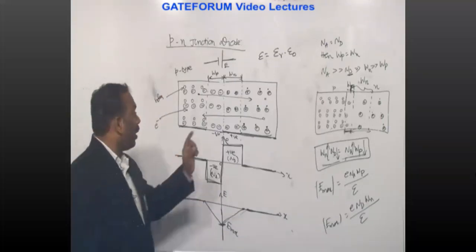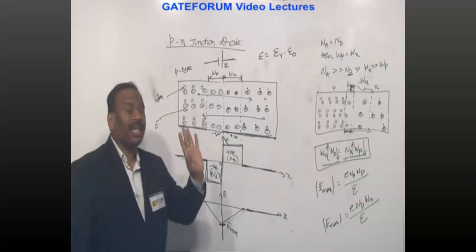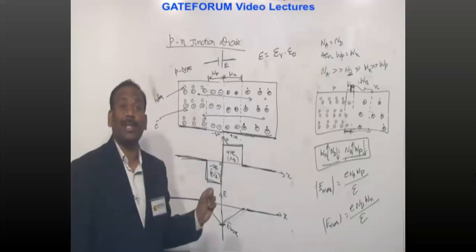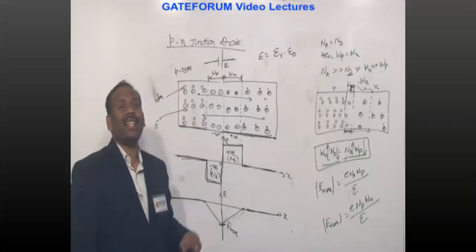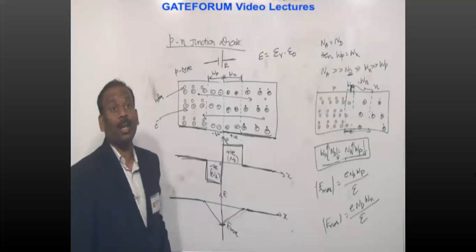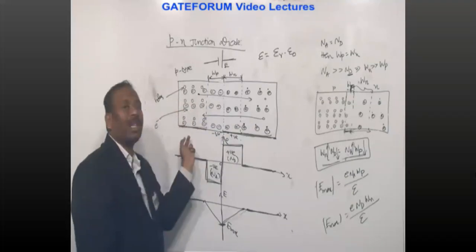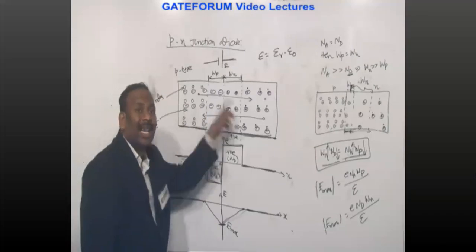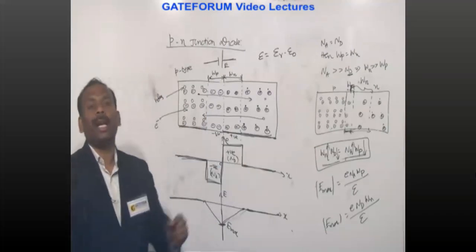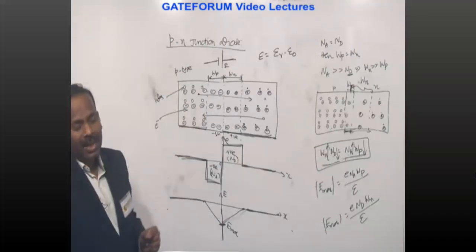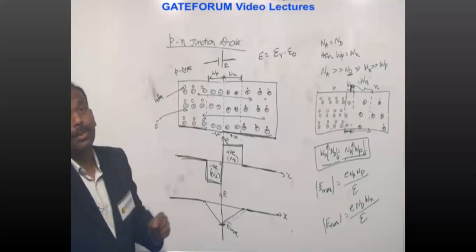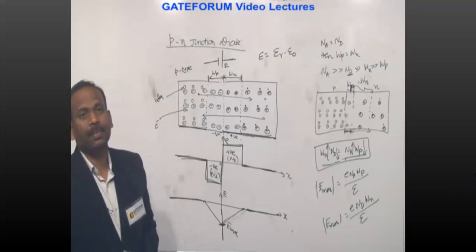Another point. Diffusion current in this PN junction, is it due to majority or minority charge carriers? Diffusion: holes are moving from here to here, electrons are moving from here to here. That means majority carriers are moving. So in a PN junction, diffusion current is due to majority charge carriers.